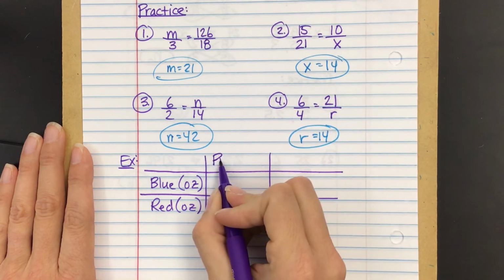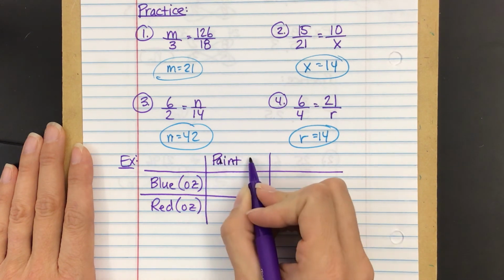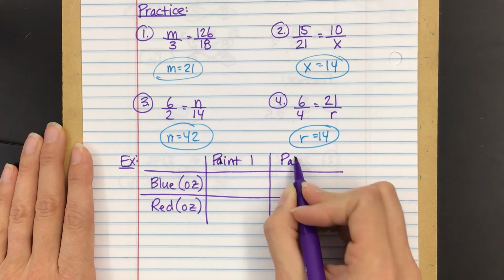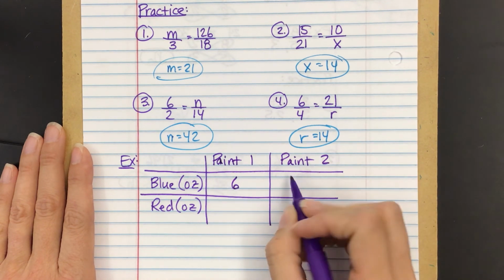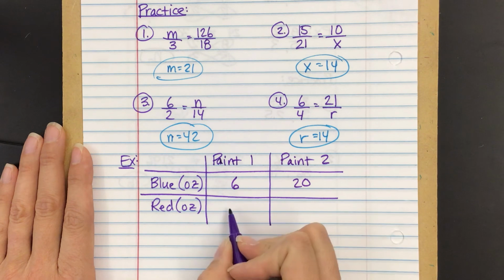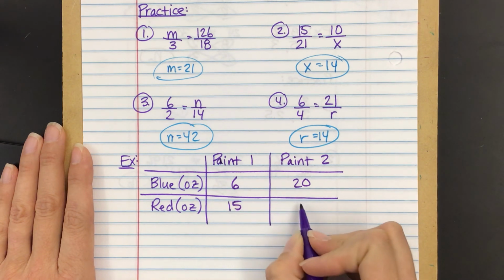And you have paint number 1 and paint number 2, 6 ounces, 20, 15, and X.